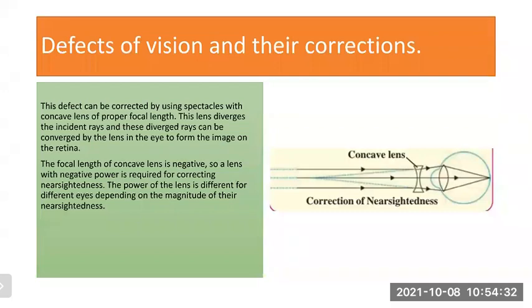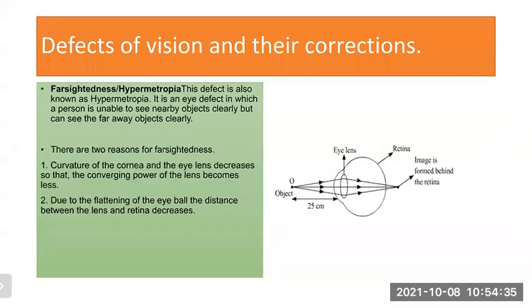Now let us study another defect. Another defect is known as farsightedness or hypermetropia.